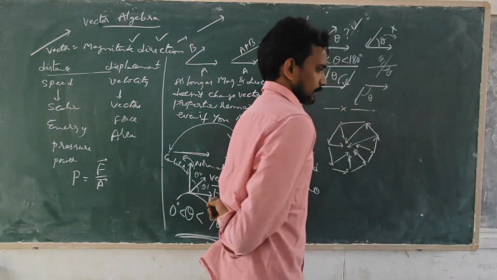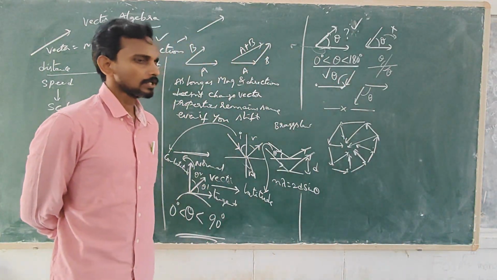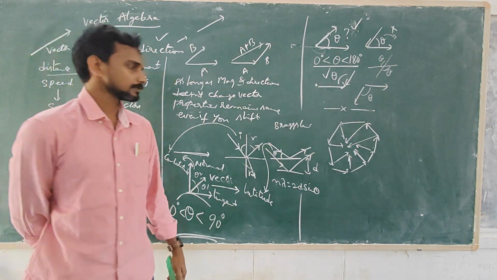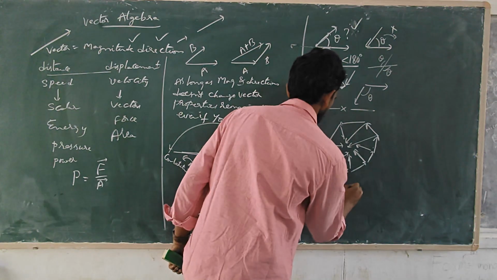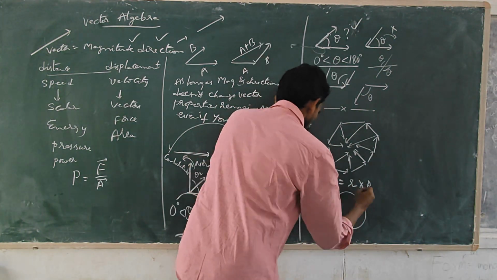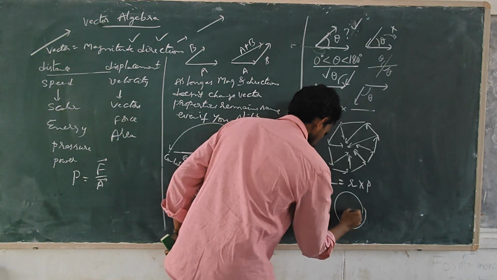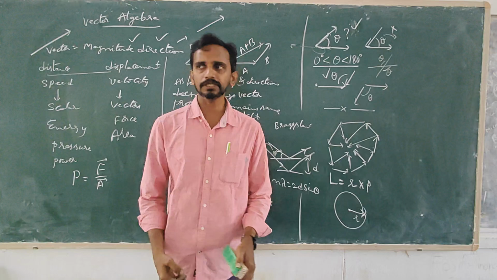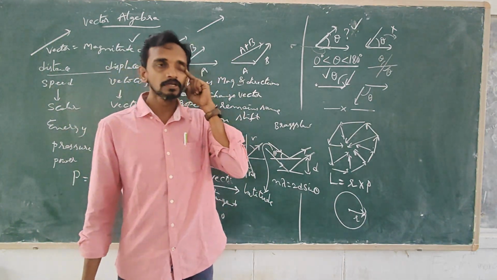So here you have to take the cross product. So the angular momentum is given by R cross P. What is R? It is the radial vector connecting the center of the circle to the object.